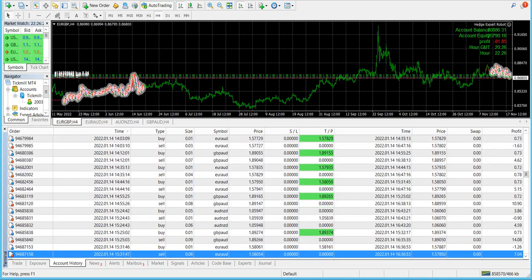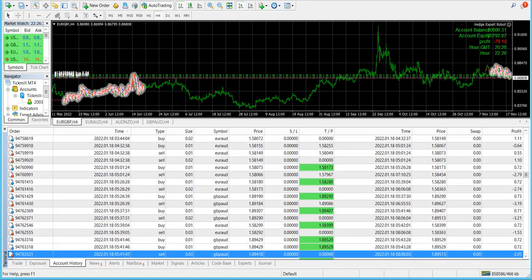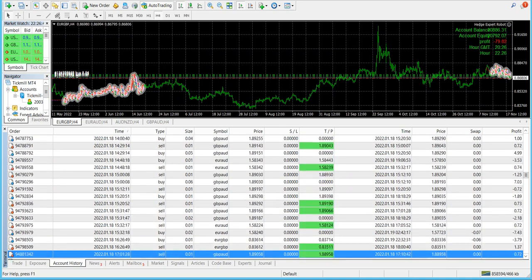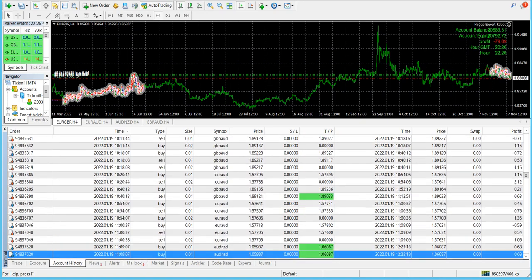If something is going wrong with the euro and the euro is going down, then the currency pairs against it, like if you are trading euro GBP, euro AUD, or euro USD, the other three will be going up. So the euro will be a sell and you are buying the other currency.